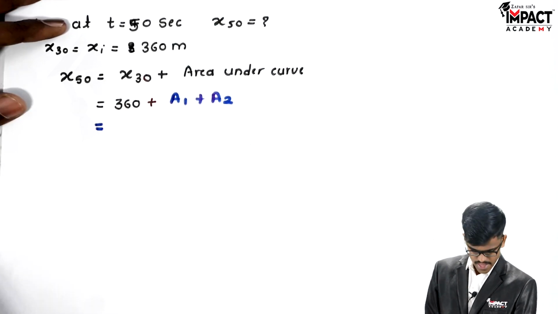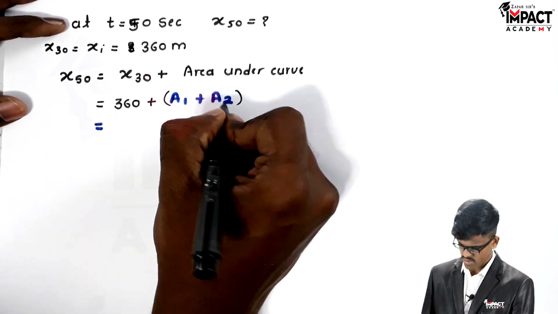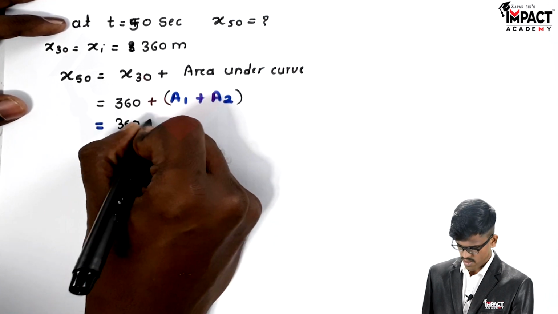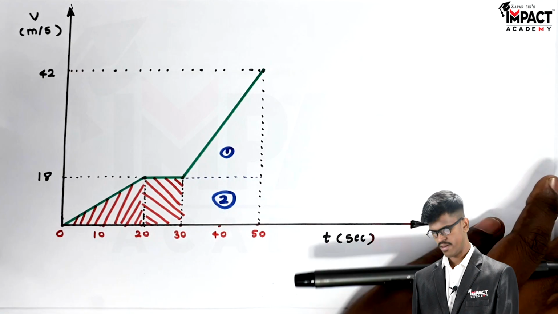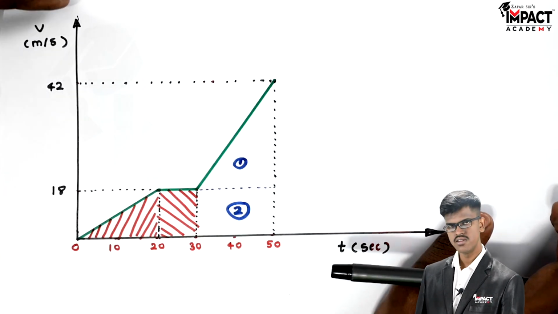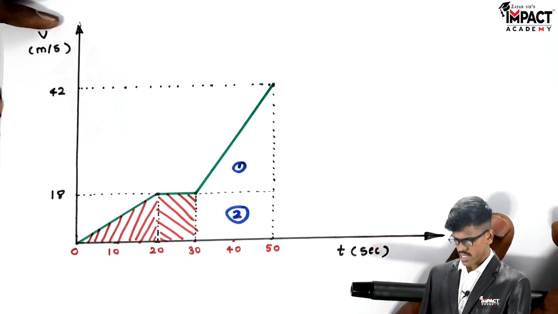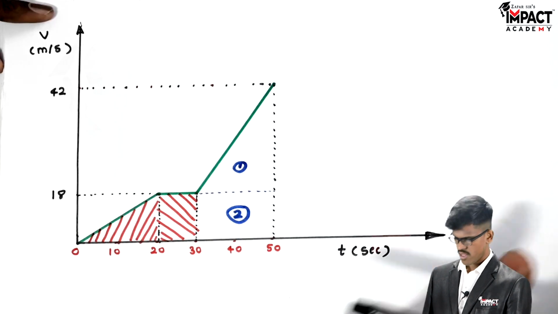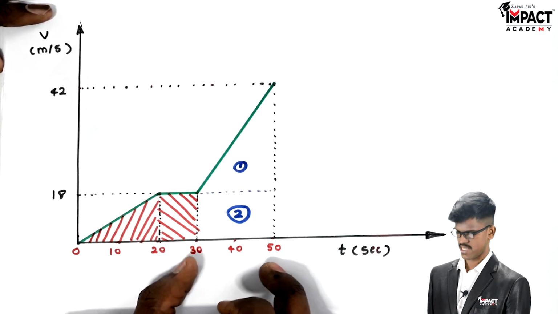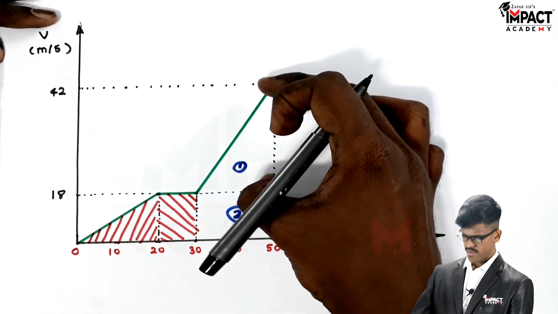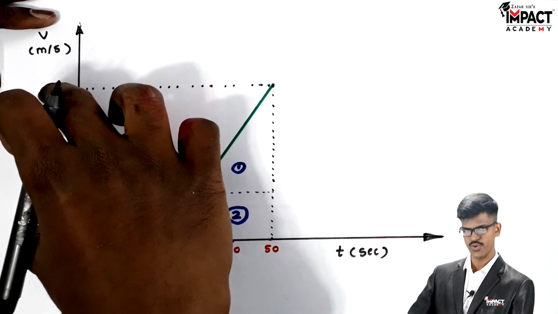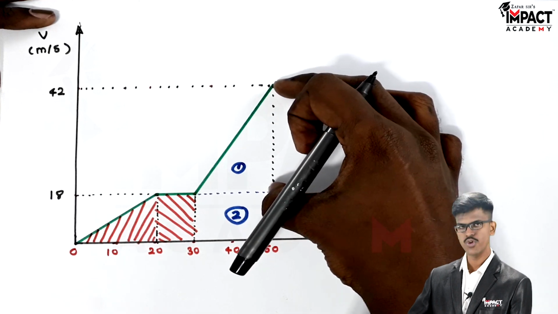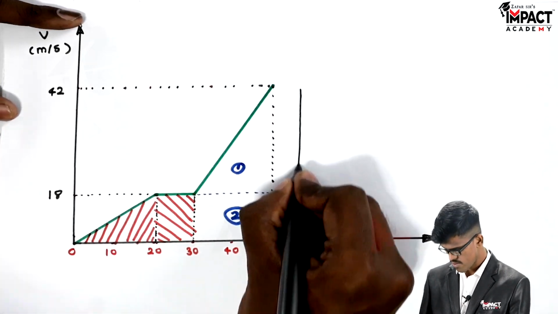Okay, then 360 plus area of part 1. Okay, it is a triangle. The area of triangle is half into base into height. Base will be 50 minus 30, which is 20, and the height is 42 minus 18.